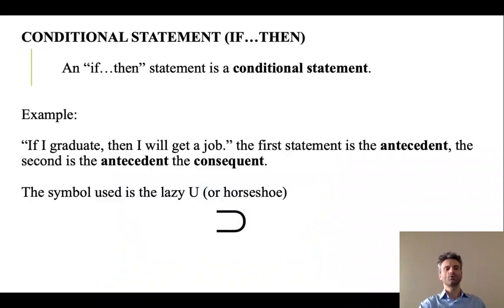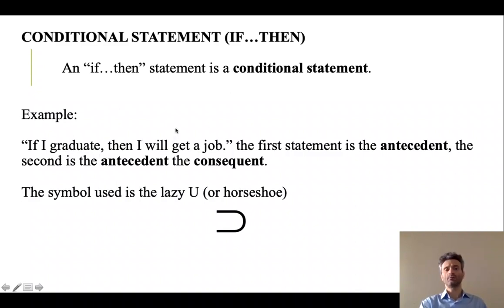Think about it. Let's go back to this slide. Let's consider this example. If I graduate, then I will get a job. So suppose that you graduate, and this is true. Now, what happens if you graduate? You have to get a job.